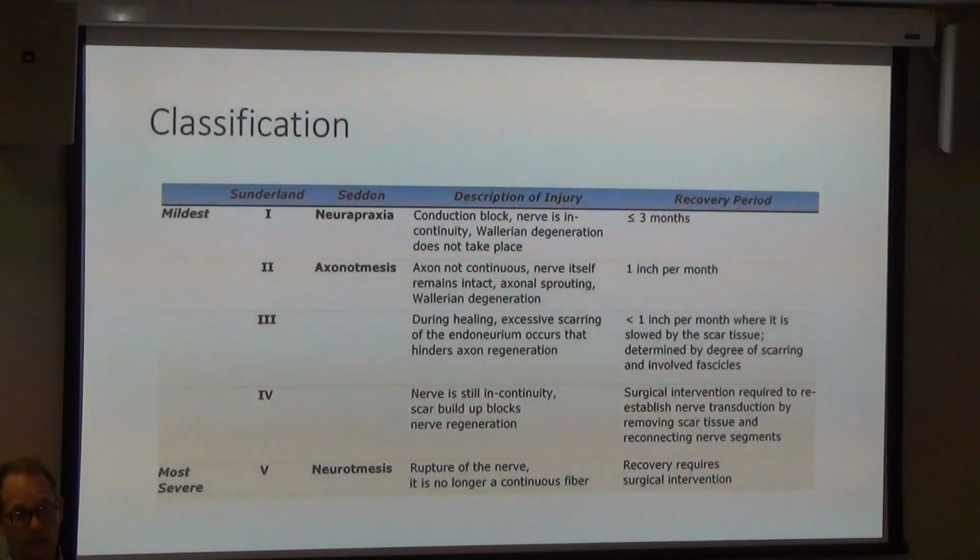For that to recover, the whole nerve needs to regrow. So classically, you tell the patient 1 millimetre a day. I'll give my tuppence worth about how we manage these in clinic in a second.